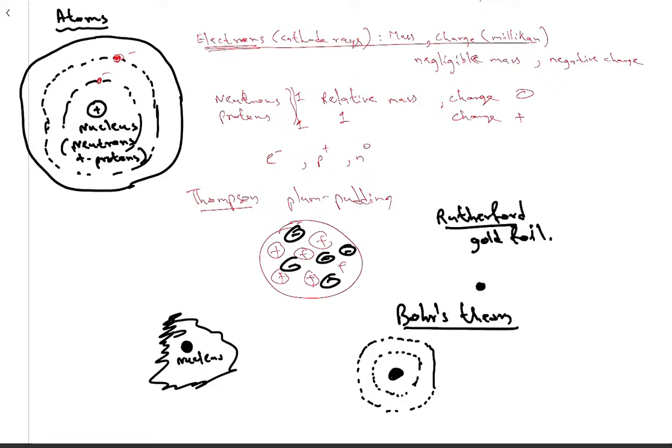They move like waves around the nucleus, and we talk in terms of probability of finding an electron at a particular position around the nucleus. So these are all the various theories of the atom.